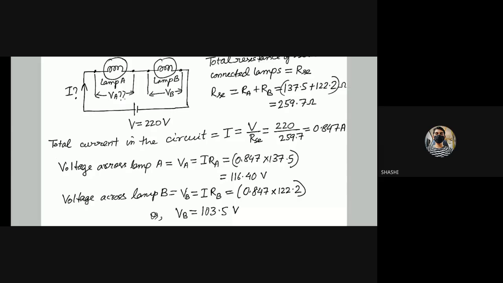Here in the problem, the circuit is not drawn, only the problem statement is given. Is it clear for everyone?